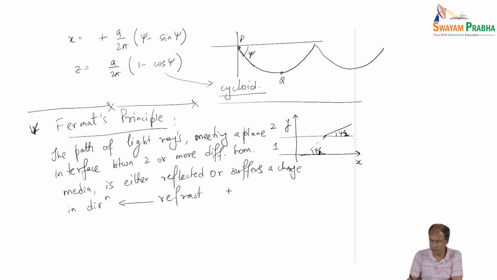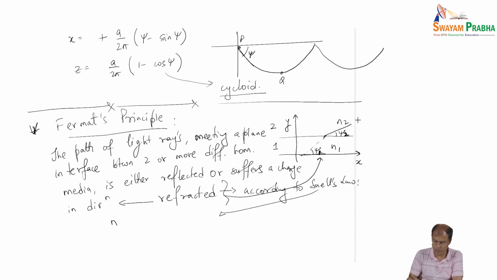Okay, so what I have shown in this diagram is the refraction of light, and the whole process is according to Snell's law. Snell's law says that the motion of the light is such that if the various refractive indices are given by n1, n2 and so on, then ni cos psi i is a constant of the system.